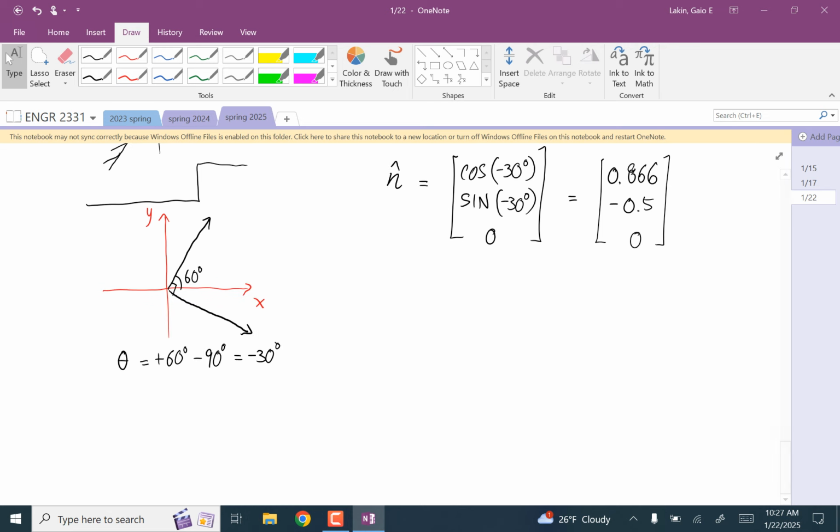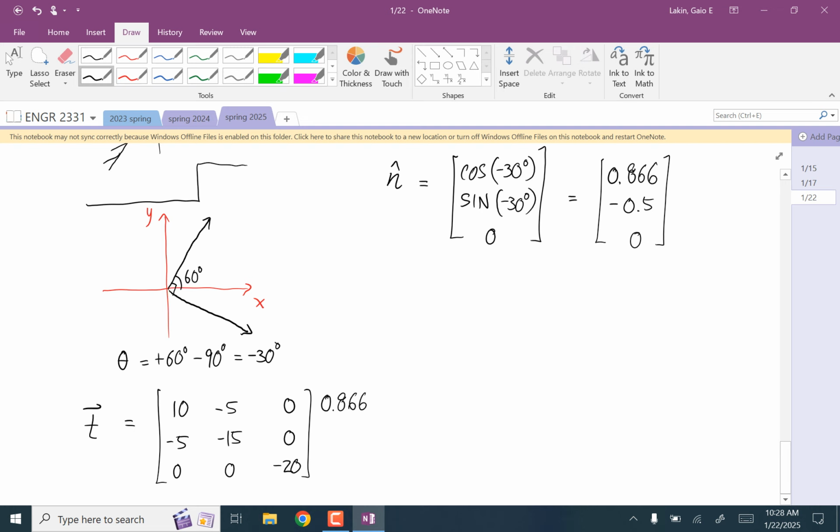But now to calculate that, the traction on that face is equal to our stress tensor, 10, negative 5, 0, negative 5, negative 15, 0, 0, 0, negative 20, multiplied by our outward facing normal, 0.866, negative 0.50, 0.